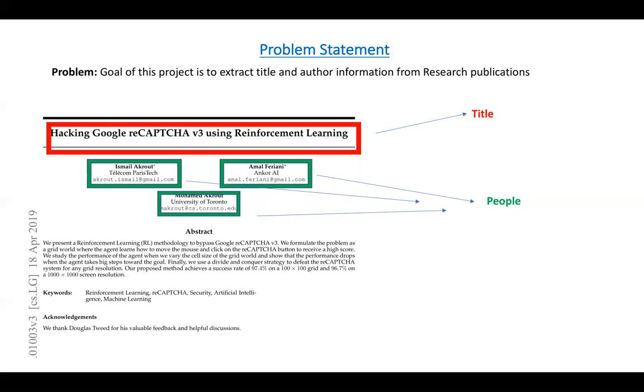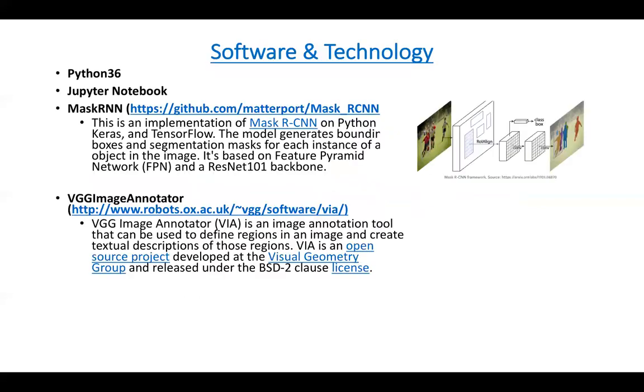So I first take these PDFs. It's not a text analysis method. I convert these PDFs into images, and then I label them. In this case, I hand label them, and then train using a library, and then use that for object segmentation.